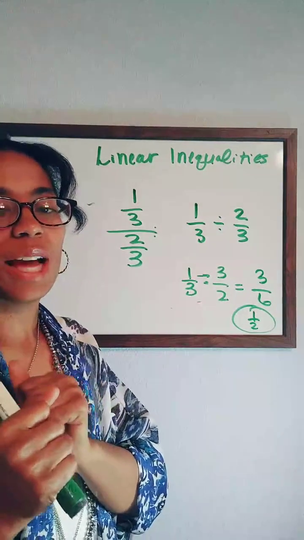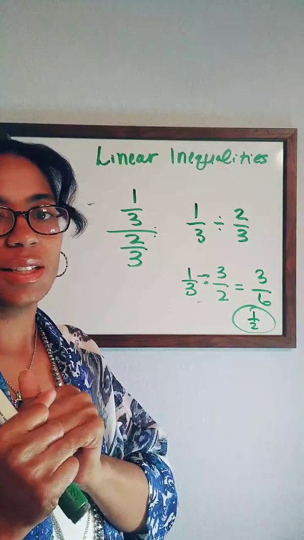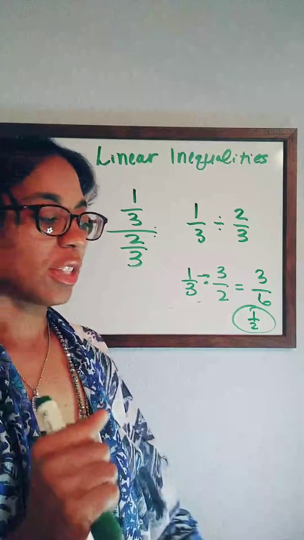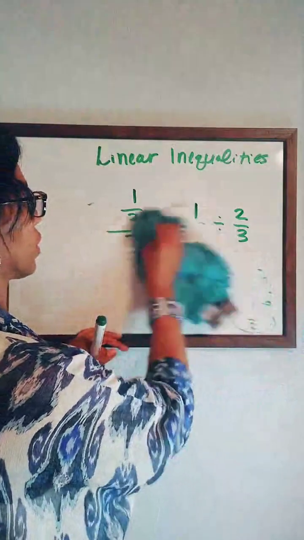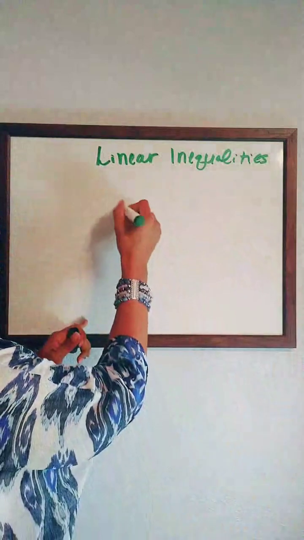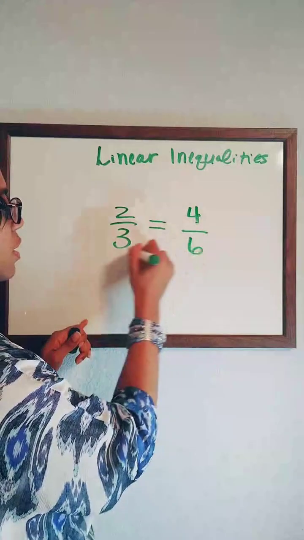So the only time you do diagonal, Lex, is if you're doing a proportion. It's that easy. Yep. So the only time you use the butterfly method is if you were doing a proportion. And you talking about like if you were to have 2 divided by 3 is equal to 4 over 6.